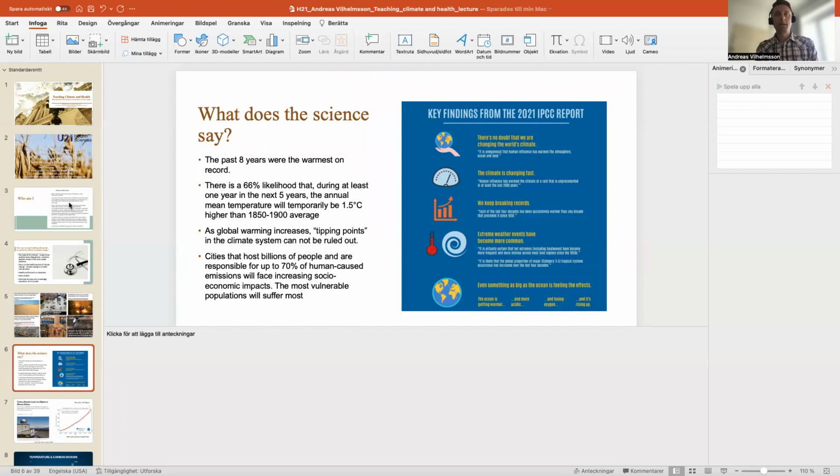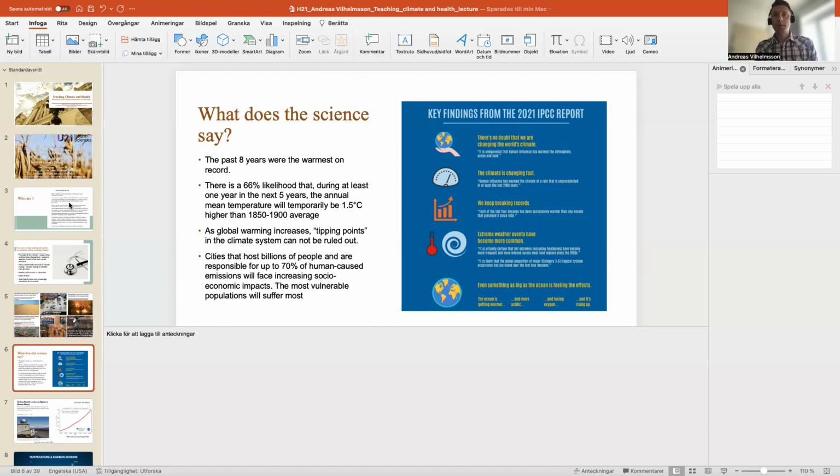And basically, it can be important to just say something to students what the science basically says. And if we look at the key findings from the latest IPCC reports, we have some key findings that says that there is no doubt that we are changing the world's climate, and the climate is changing fast, and we keep breaking records, as we will see this summer as well.